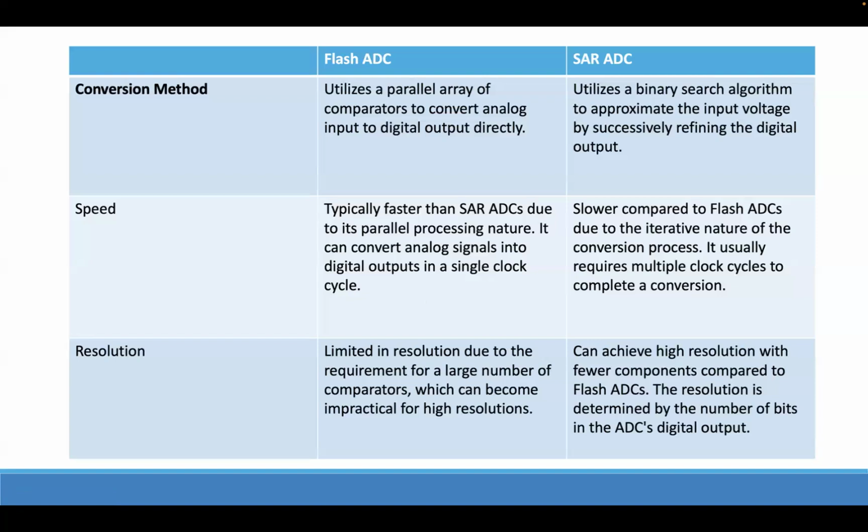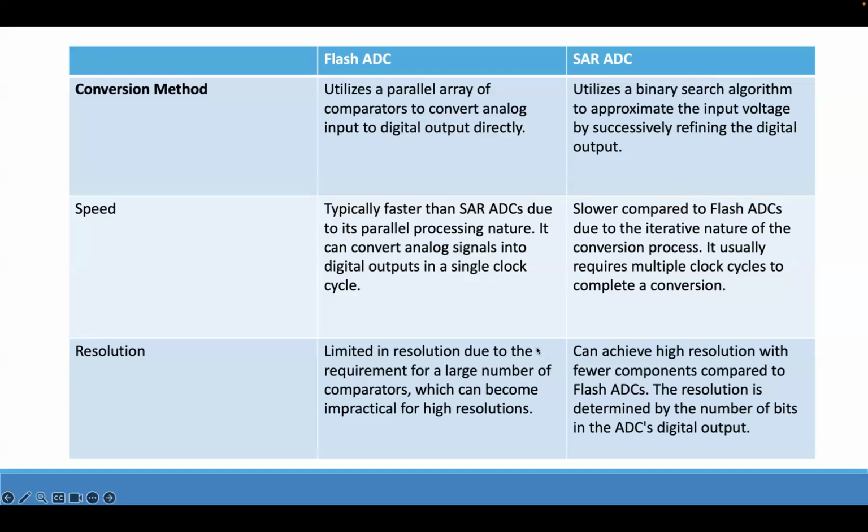The comparators work simultaneously, and at once they produce the digital equivalent of the analog signal. But the SAR works by iteration, so you need multiple clock cycles to complete the conversion from analog to digital form.